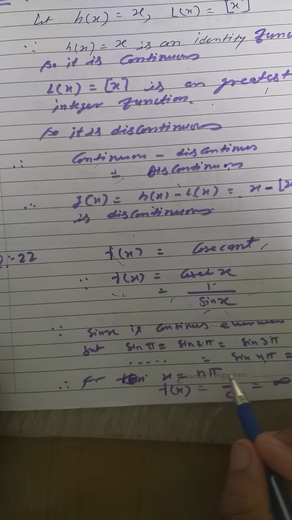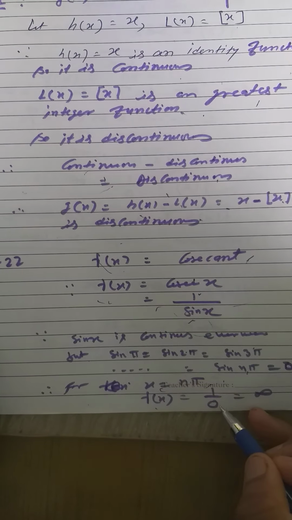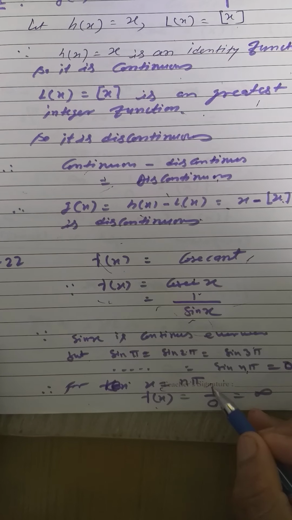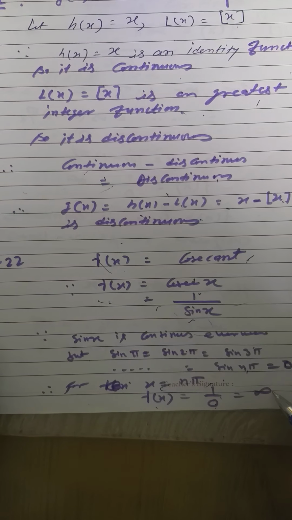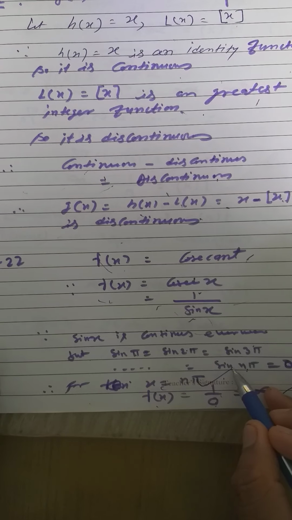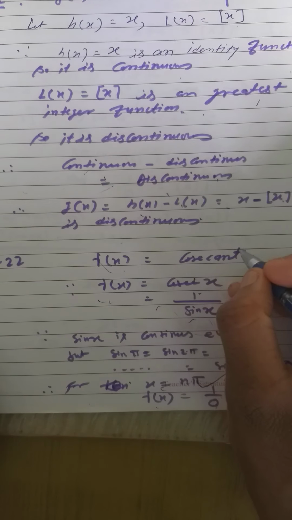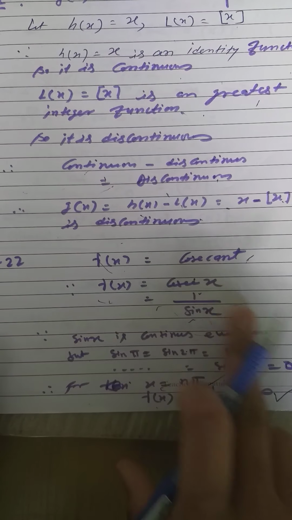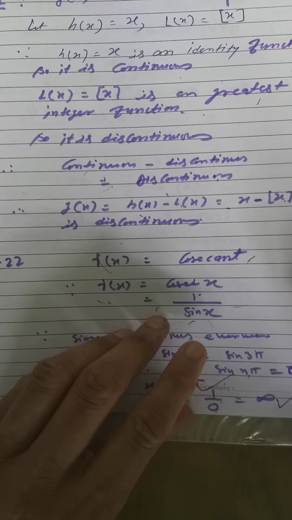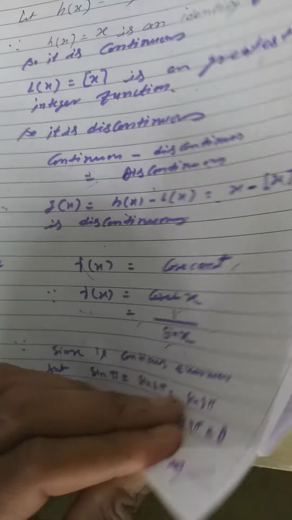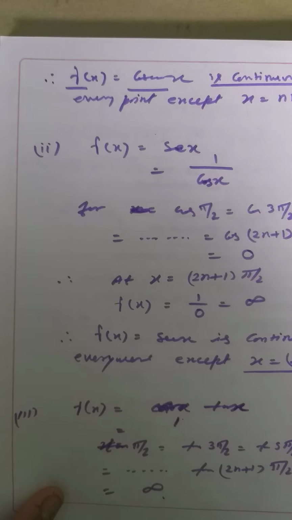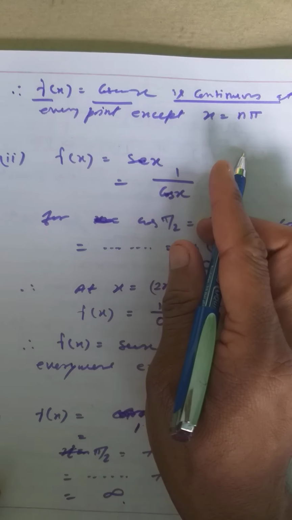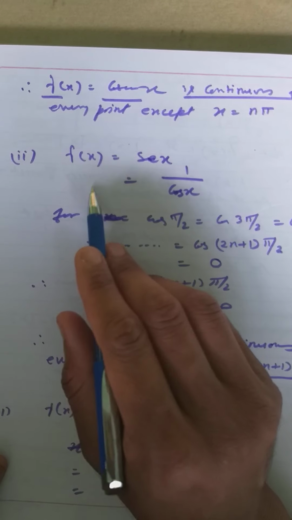For x = n pi, f(x) = 1/sin n pi = 1/0 = infinite. For x = n pi, we get an infinite value of cosec x. So the given function f(x) = cosec x will be continuous everywhere except x = n pi.